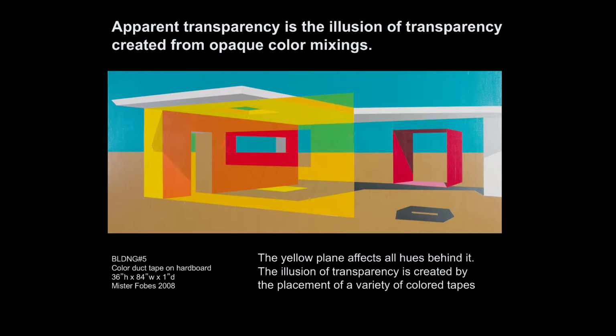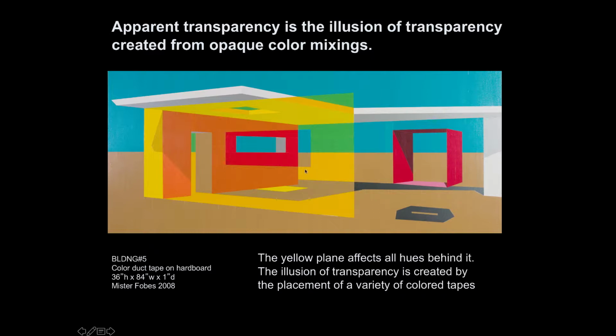So here's a piece that I did several years ago using colored duct tape. The tape is not painted, it's actual color. And the area that really shows this chromatic transparency is this area right in here. It looks like there's a yellow plane, like maybe a yellow glass plane over this whole area.